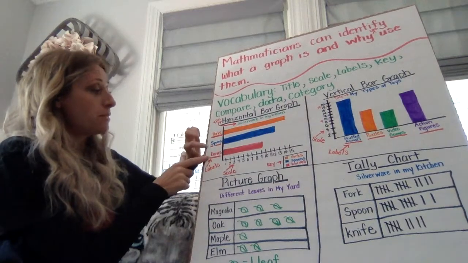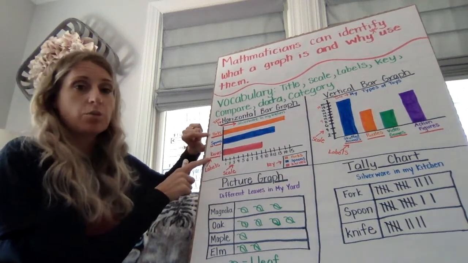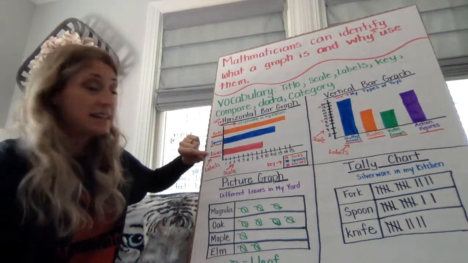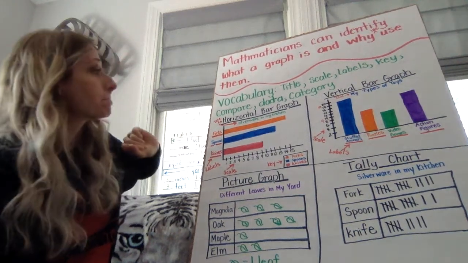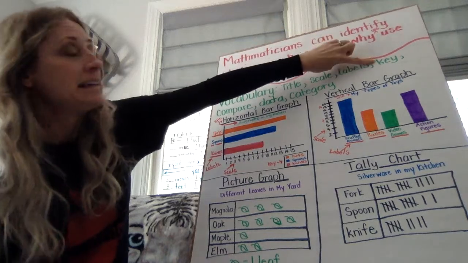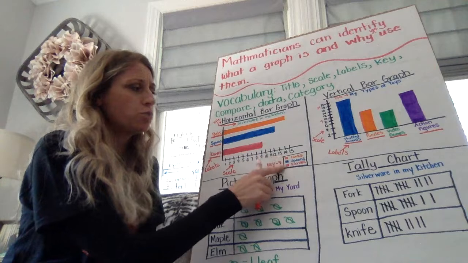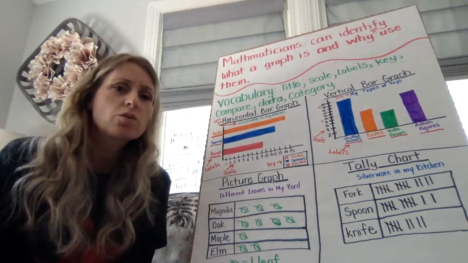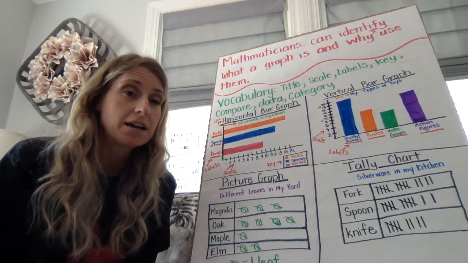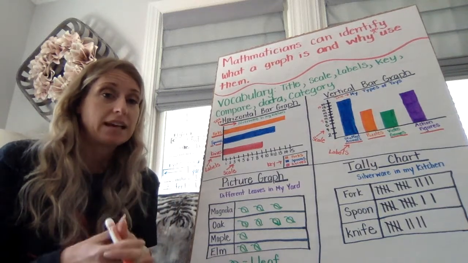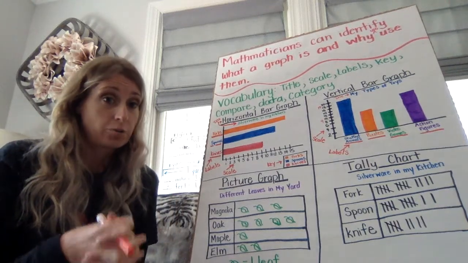Labels. The labels are the different things that we're comparing. So we're comparing forks, spoons, and knives. The key. Not every graph has a key, but I drew one here to show you what it looks like. It's also called a legend sometimes, and the key just gives you information on how to read the data in a graph, okay?